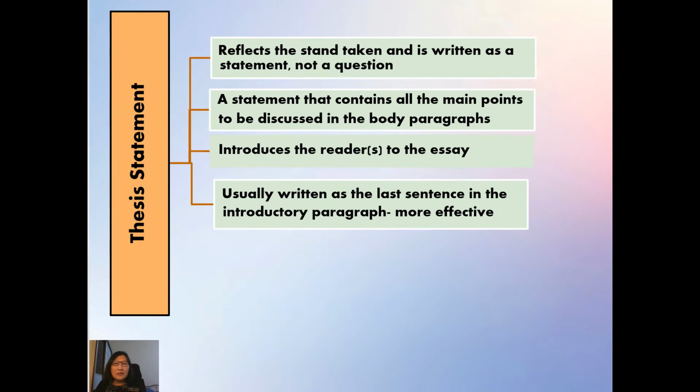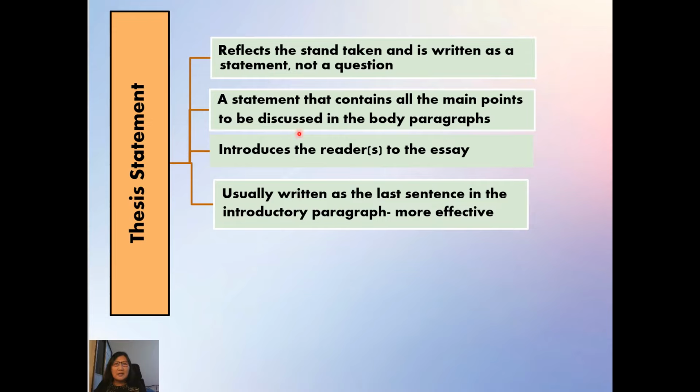A good thesis statement is very crucial to your essay. Now, what is a good thesis statement? A good thesis statement reflects the stand taken and is written as a statement and not as a question.